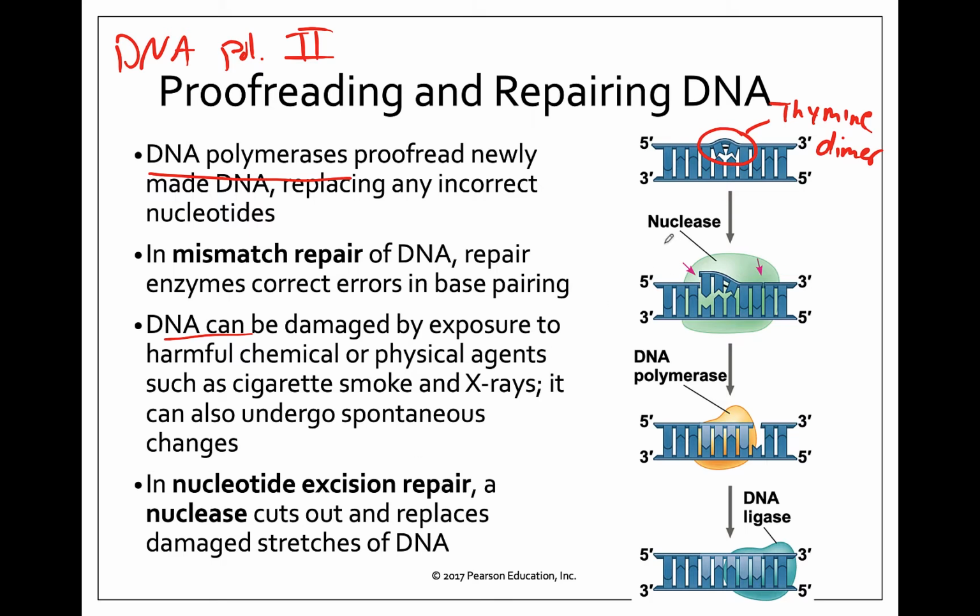What happens is an enzyme here called a nuclease will come in and cut out a section of the DNA that includes a little bit before and a little bit after the damage. And then DNA polymerase will come back in and add the correct complementary DNA. And then eventually DNA ligase will come in and bind those together. Again, notice we're going from 5' to 3' in this direction. So this is common when DNA is damaged or when it's being copied that we go through and check.